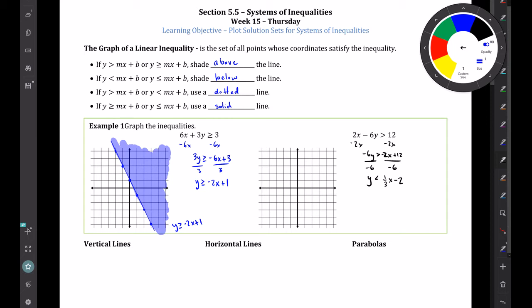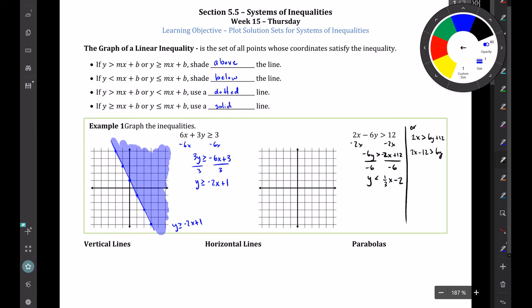Okay, that'd be one way to solve it. Another way to solve the same thing, so I'm just going to show you that this works either way, is that you could add 6y to both sides. So you'd have 2x is greater than 6y plus 12, and then you'd subtract 12 over, so you get 2x minus 12 is greater than 6y.